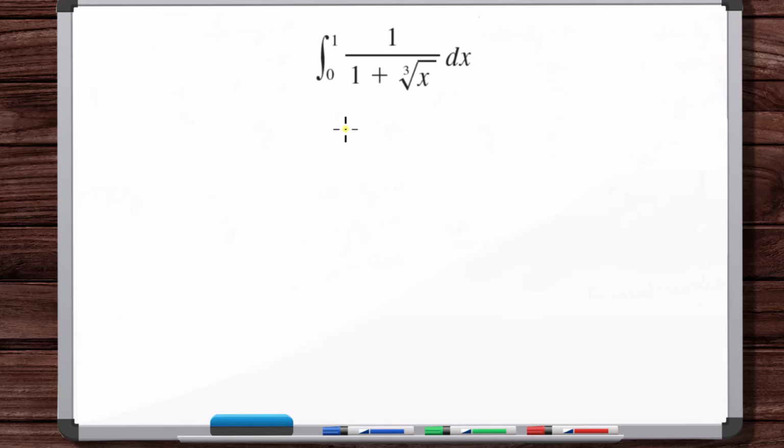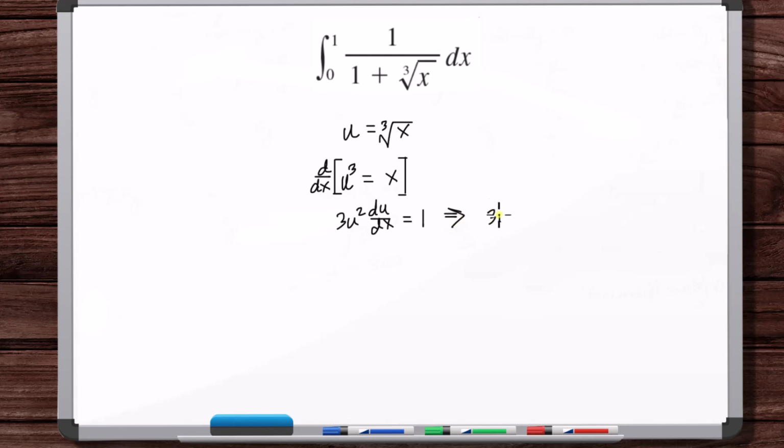Okay, we'll say that u is equal to cube root of x. So u cubed is equal to x. So 3u squared du dx is equal to 1.